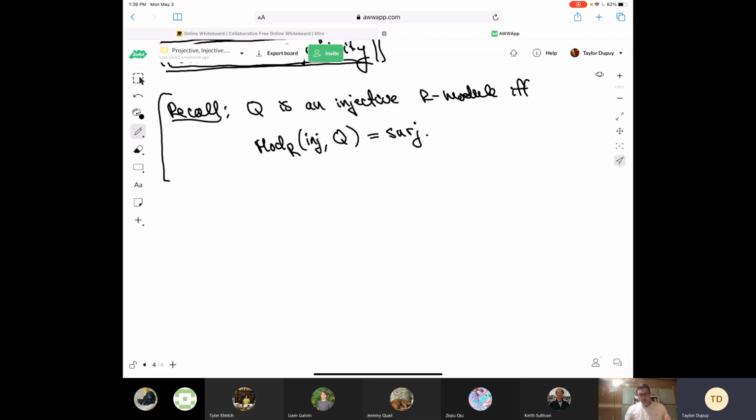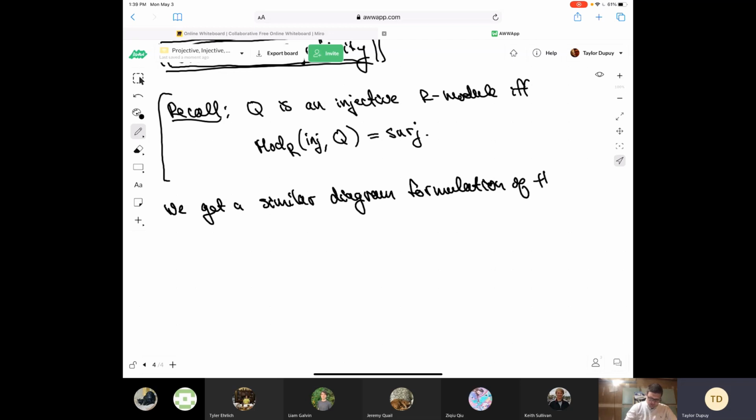Okay, and so we can write a similar diagrammatic condition out. So we get a similar diagram or formulation of this condition. This is similar to the one that we had for projective modules.